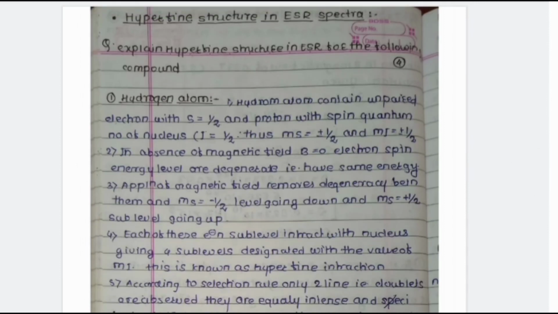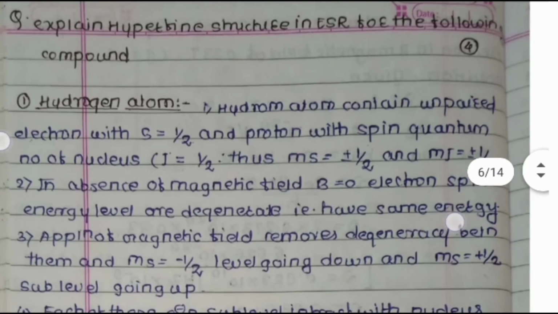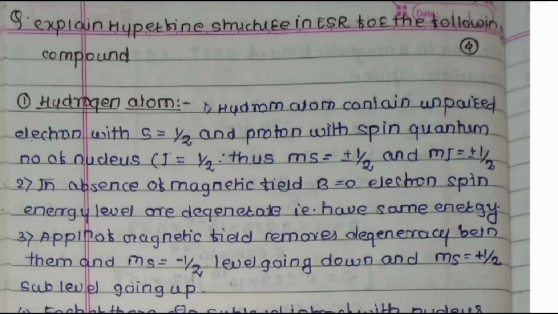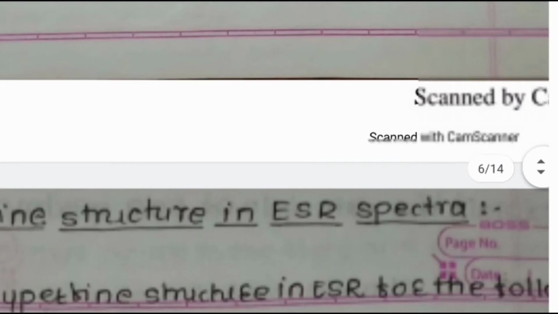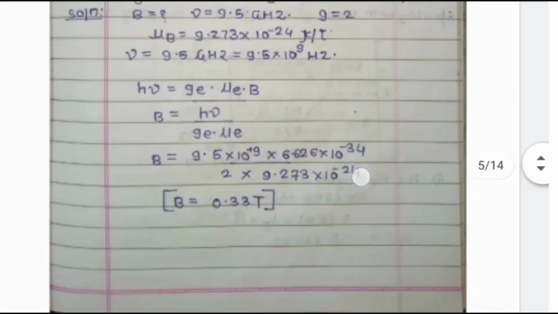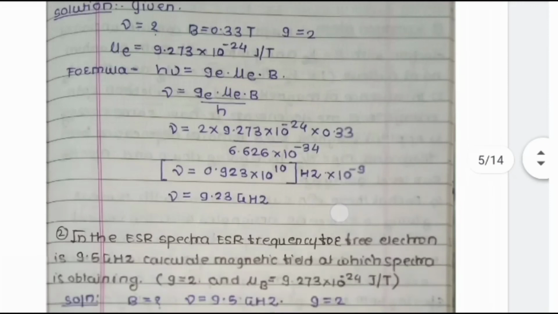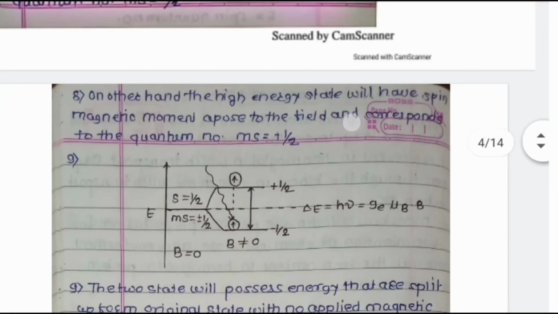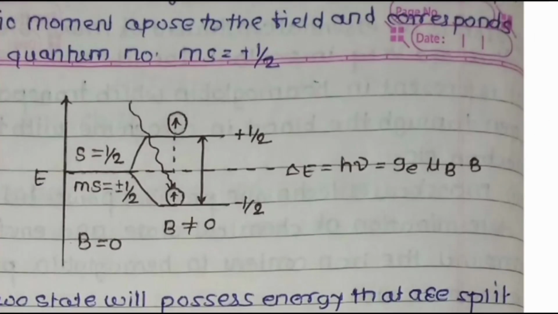The question might be asked in this way: explain the hyperfine structure in the ESR spectrum for the following compounds. Previously we have seen that the bare electron or free electron in the absence of an external magnetic field won't show any type of splitting, so we get a degenerate energy state.